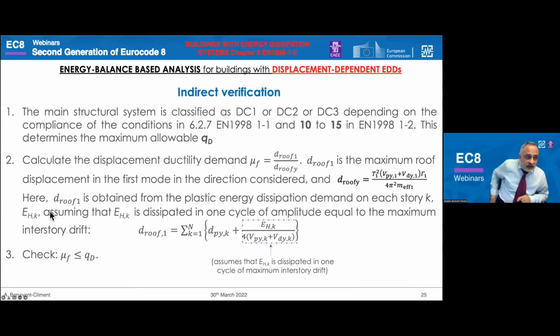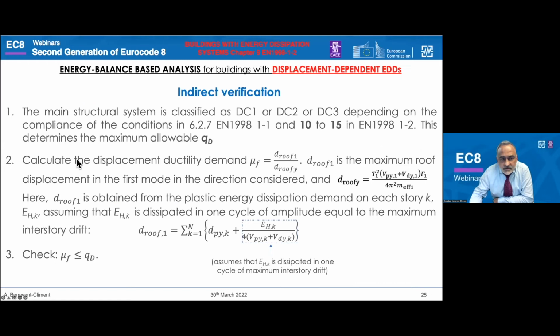So, if the designer does not want to make this direct verification, that is, as I said before, the recommended approach, an indirect verification can be done exactly the same as I explained for structures with velocity-dependent dampers. I am not going to repeat it.